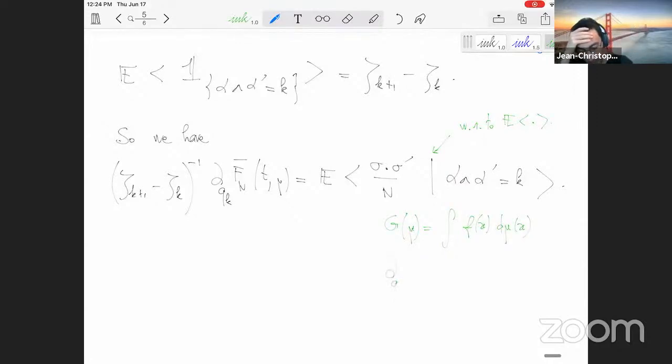Then what I will get is the partial of f at the position qk, but multiplied by the weight, zeta k plus 1 minus zeta k.